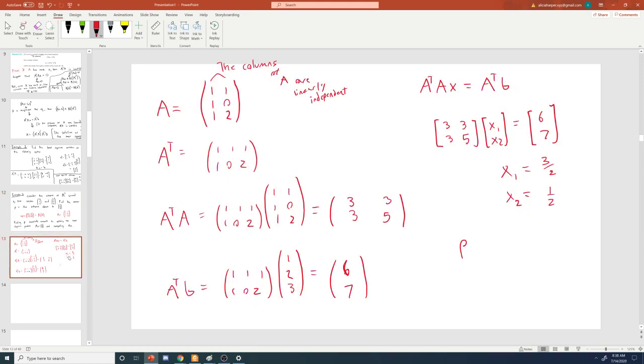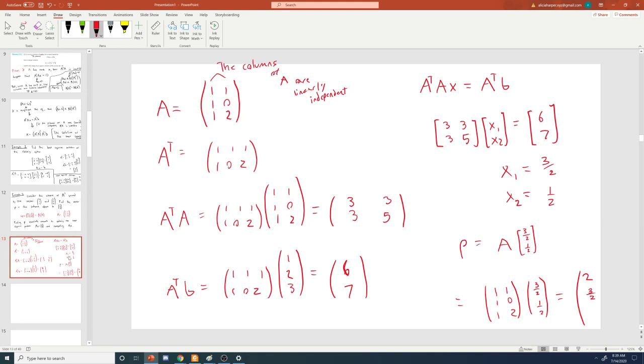So the vector p here is simply going to be A times 3 over 2 and 1/2. And so this is going to be 1, 1, 1, 1, 0, 2, multiplied by the vector 3 over 2, 1/2, which is going to give us, in the first entry, 2. In the second entry we're going to get 3 over 2.